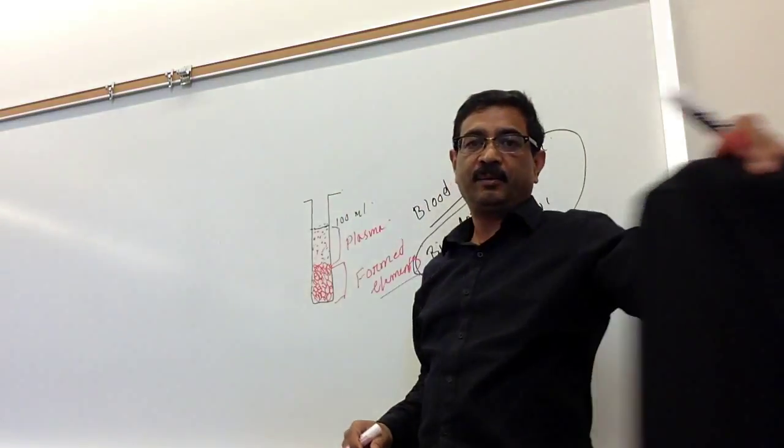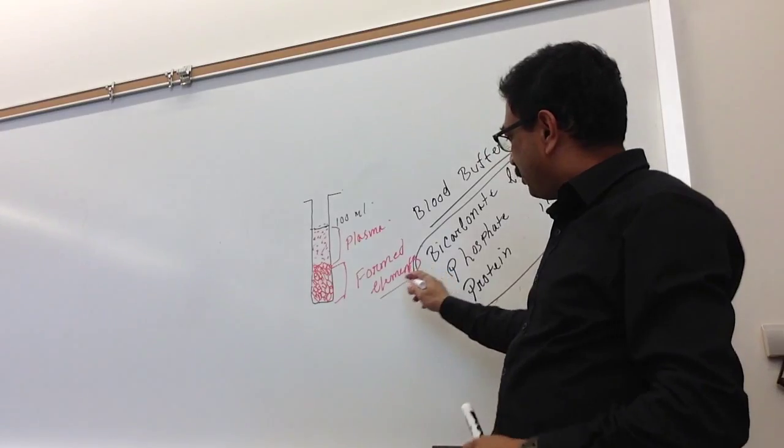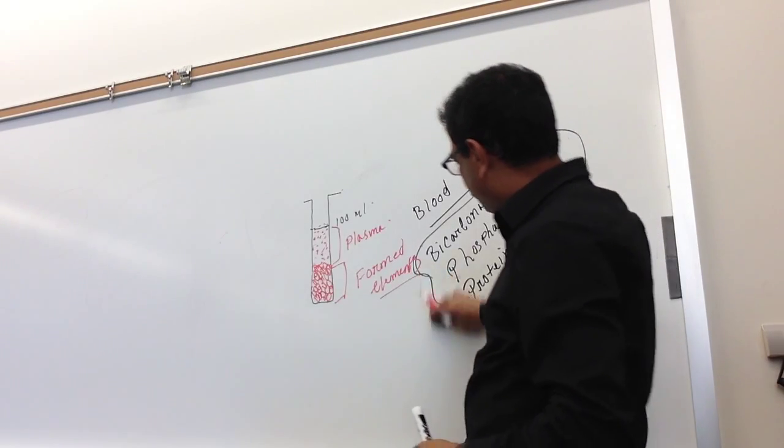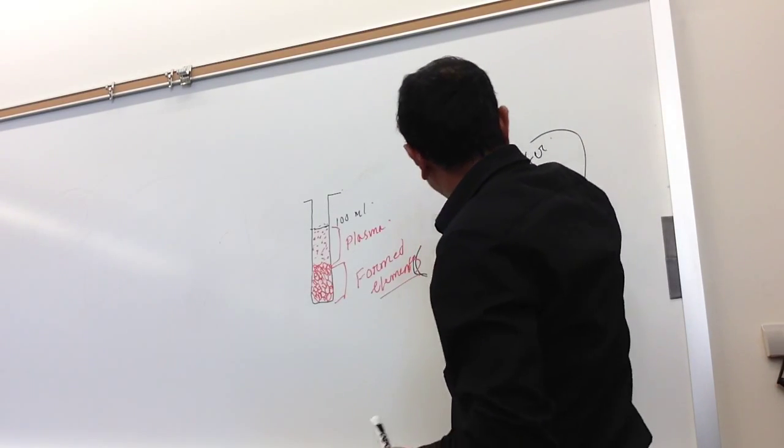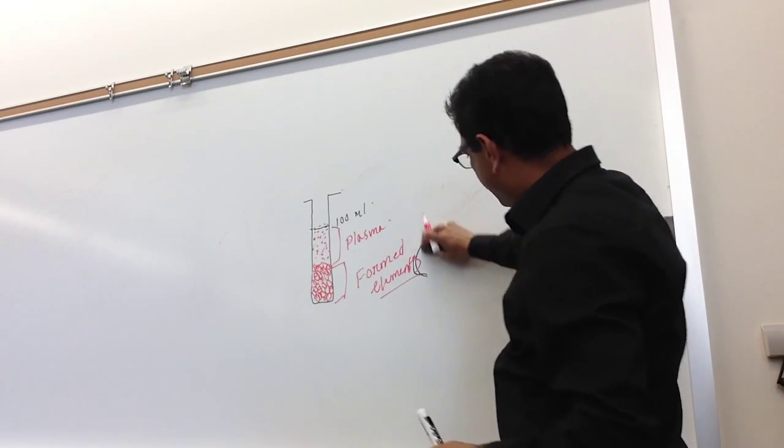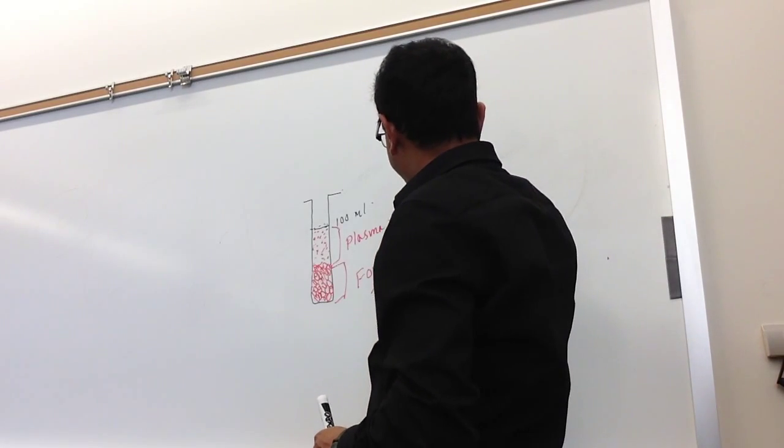So this is how we separate the formed elements, that is the blood cells, and the plasma, liquid part. Okay. In normal blood, the volume of formed elements is 45%.